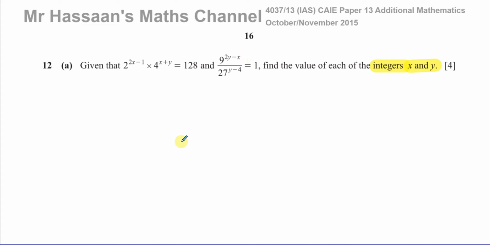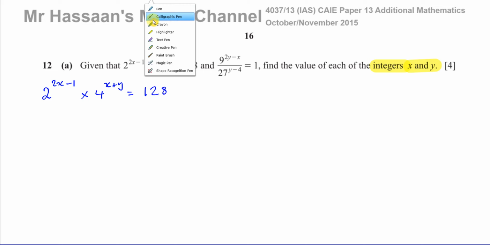Whenever we deal with exponential equations, we try to write them in such a way that the bases are expressed as the same number. If we look at the first equation, 2 to the power of 2x minus 1 times 4 to the power of x plus y equals 128, we look at the bases and try to figure out whether there is a way of expressing these bases as the same number.